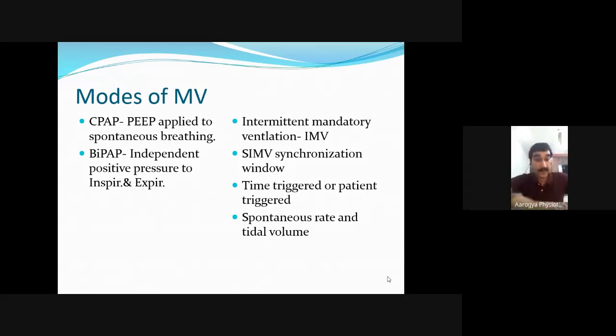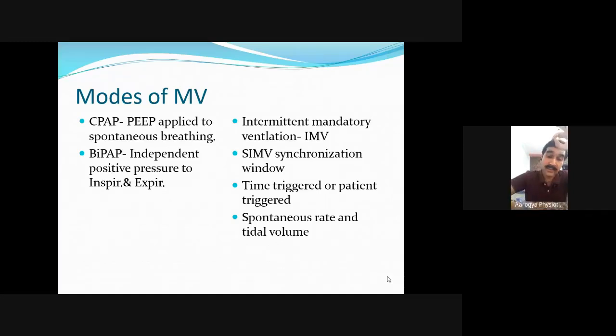Now there are advantages of SIMV mode. As I have said, a patient on a mechanical ventilator will have disuse muscle atrophy, especially of the diaphragm. If the patient is on CMV mode, continuous mandatory ventilation, studies have said that after 48 hours, almost 2 days, disuse atrophy of the diaphragm starts.